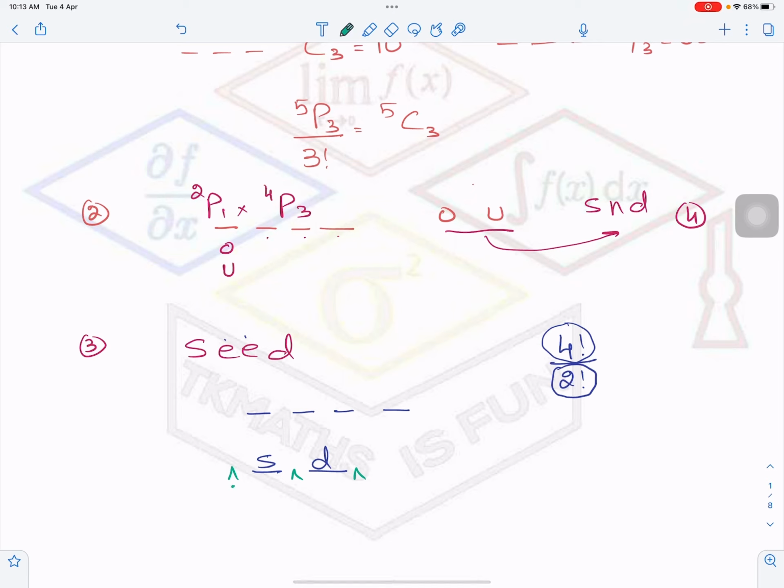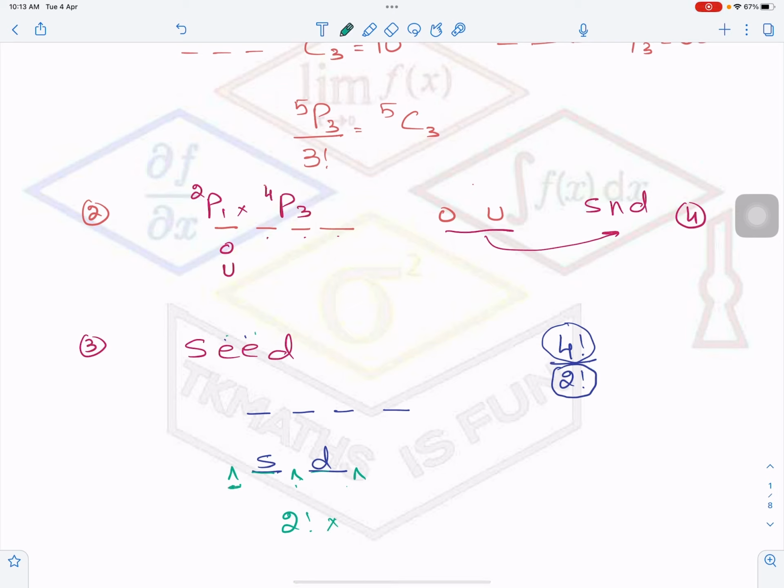So if E's are anywhere here, they will not be next to each other. So how will you handle these cases? First of all, for S and D, because these are the 2 places for them, you will write 2 factorial. And they are not identical, so I will just write 2 factorial.